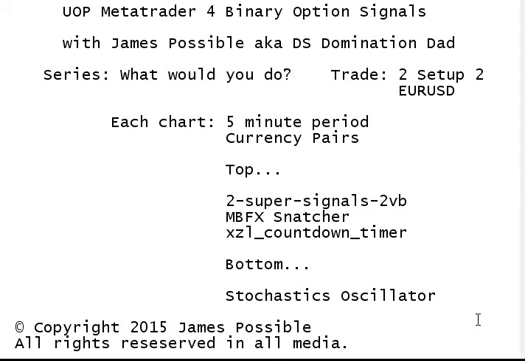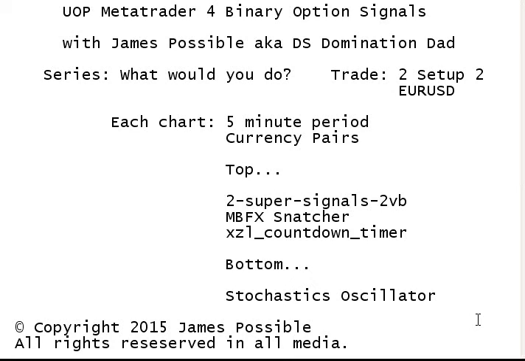As I've shared before, all I'm dealing with are currency pairs here. If you have some other asset that you can use in MetaTrader 4, I see no reason why this wouldn't apply to it.